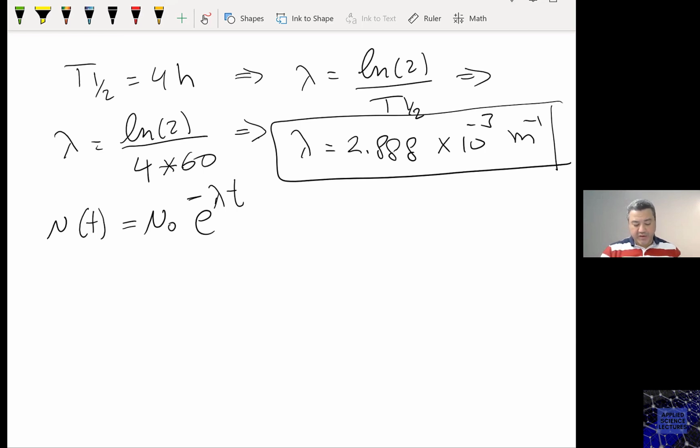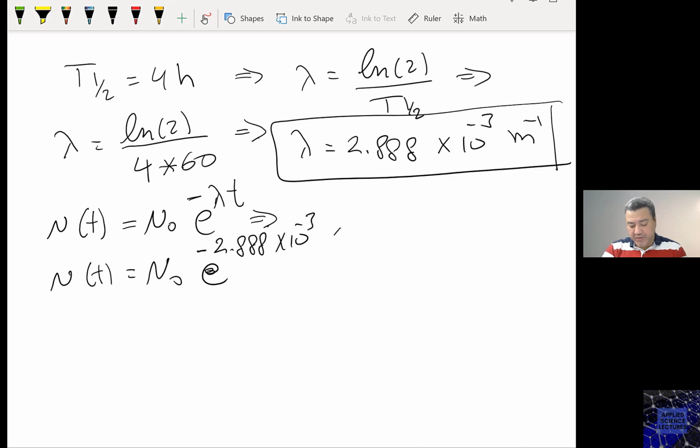Okay, so here after 12 hours, we have N t equals N naught e to the minus 2.888 times 10 to the power minus 3. This is per minute, so my time here will also be in minutes, then 12 hours times 60.